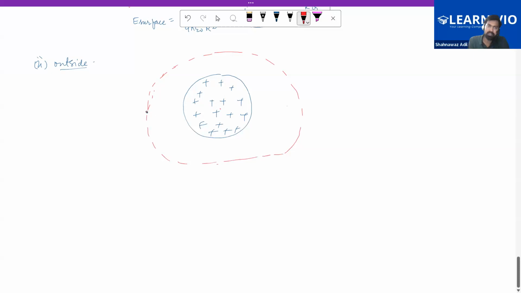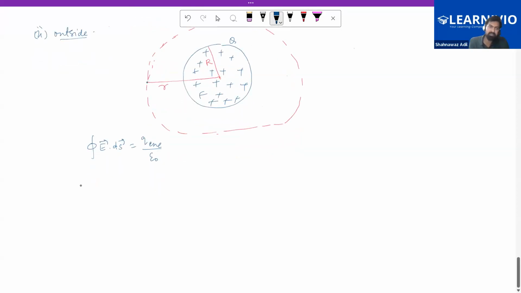And let's say this distance r is the variable, because we can calculate the electric field at this point, this point, this point. So this r is the variable one. This one is always fixed. So if I use again the Gauss law, again the same funda, and this charge is Q. So this would be very simple because this left hand side we have already solved.